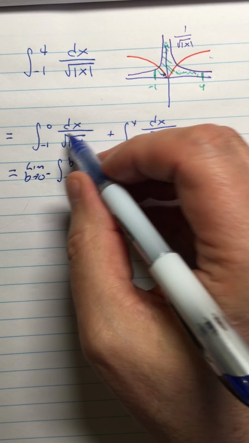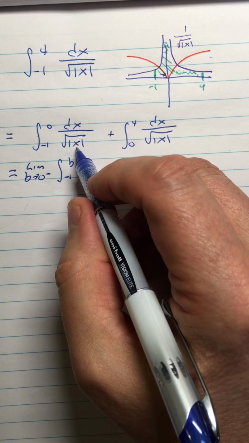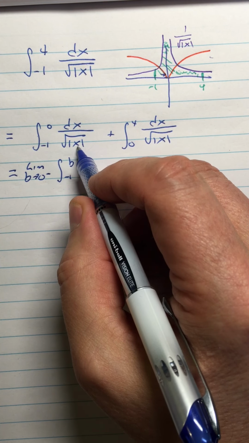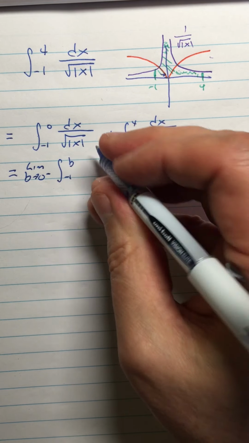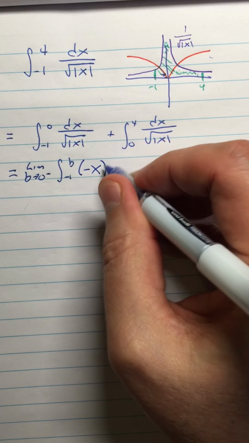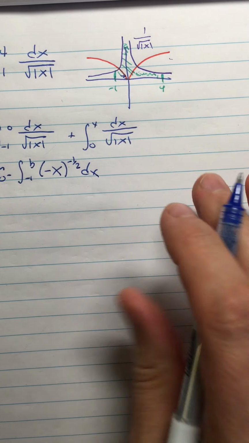And then I'm going to rewrite this part in here. From -1 to 0, x is a negative number. That means the absolute value of x is -x. And then I have the -1/2 power. So -x to the -1/2 power dx is what that integral really is.